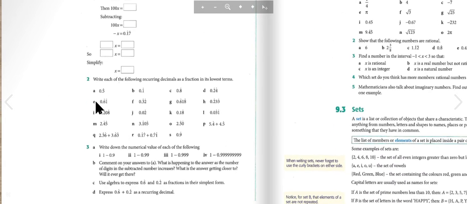Question 2. Write each of the following recurring decimals as a fraction in its lowest terms.